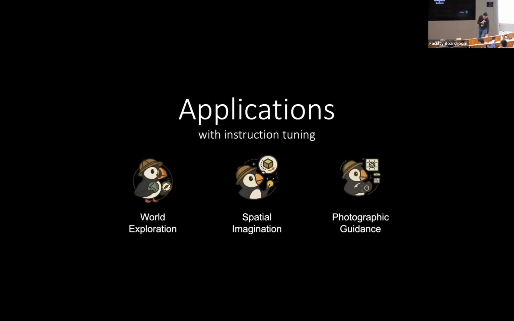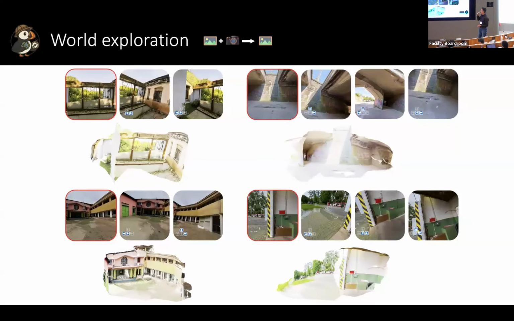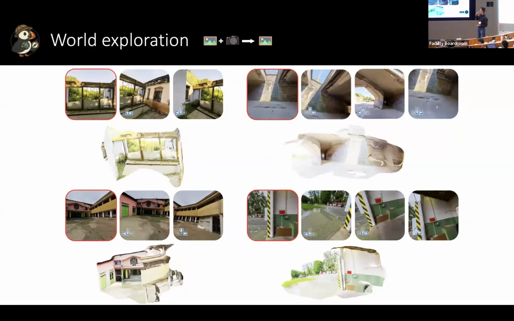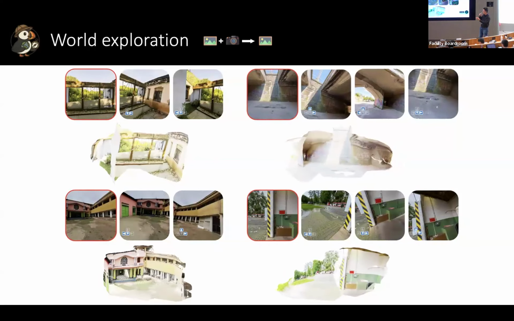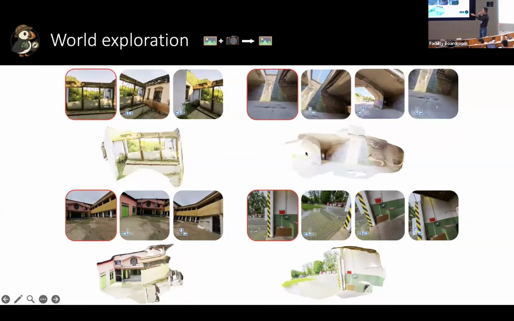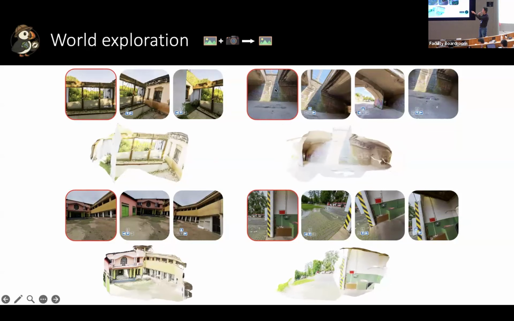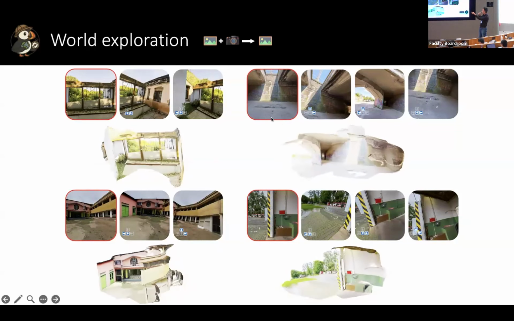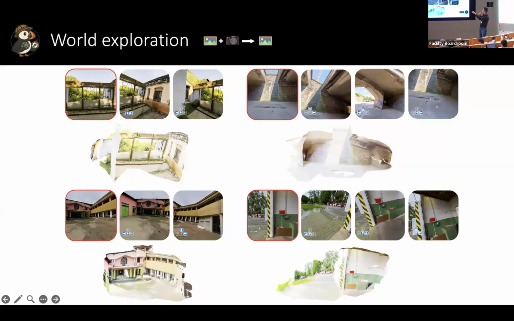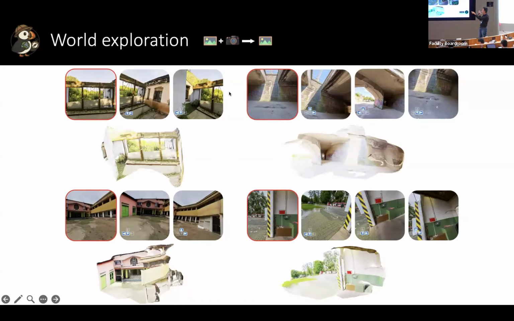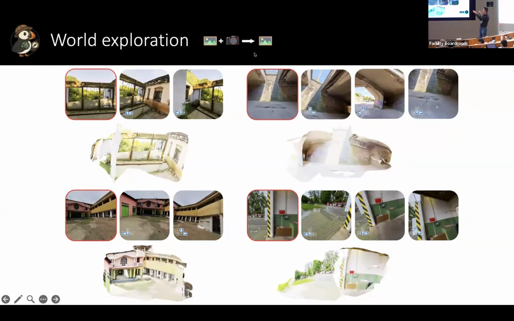Okay, in terms of applications, we can perform some instruction tuning to enable more applications like world exploration, spatial imagination, and photographic guidance. This is world exploration, where we provide an initial view given by the red highlighted image over here, and the camera geometry with different yaw angles to generate a new image.